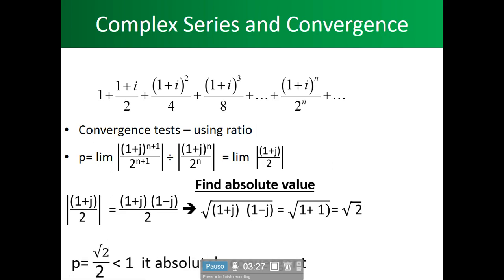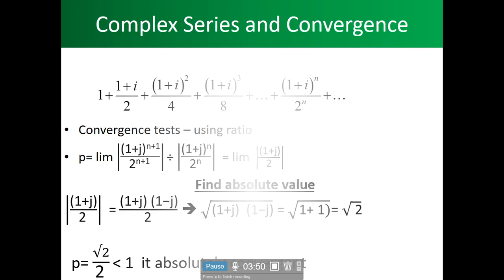When we put the 2 back underneath, this was just for the top, we divide it by 2. And we can see that the square root of 2 divided by 2 is a very small number, and it's less than 1, so it absolutely converges.